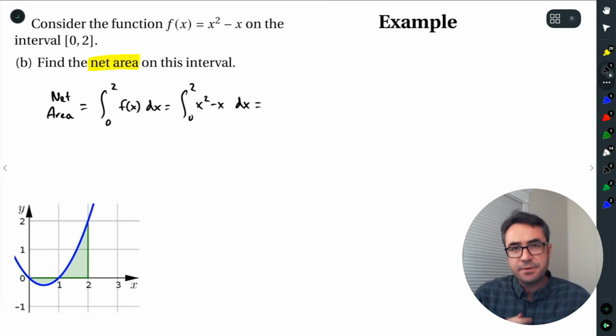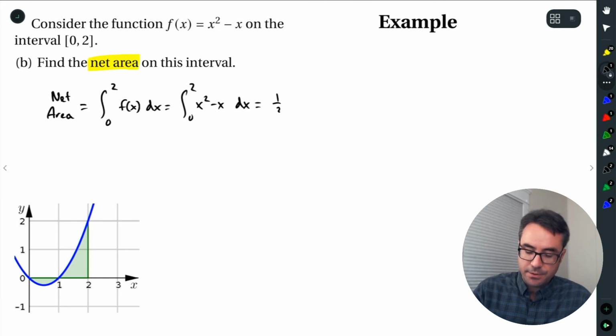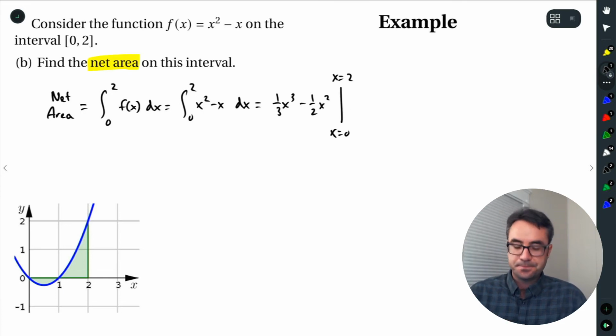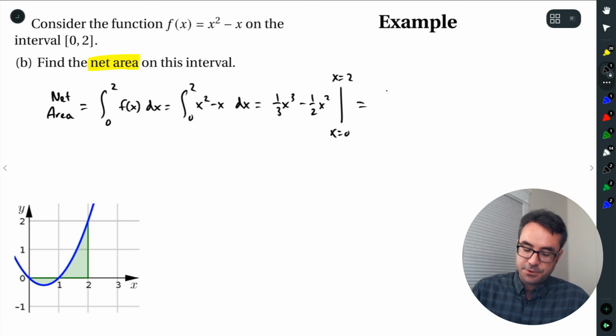Get the antiderivative, same antiderivative as before, 1/3 x cubed minus 1/2 x squared. We're going to evaluate this from x equals 0 to x equals 2.